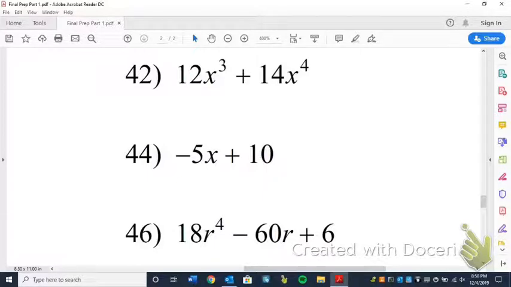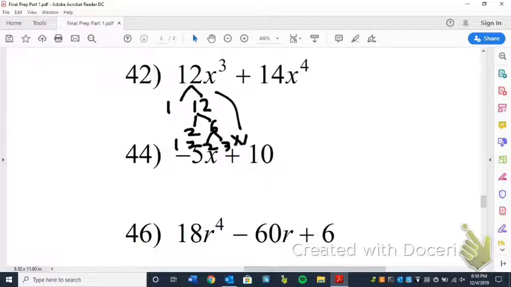Okay, hopefully you guys are done by now. So we're going to break off 12x to the 3rd as 1 times 12. 12 is 2 times 6. 6 is 2 times 3. So we have a prime factorization of 1, 2, 2, 3. And then we have 3 x's. 14x to the 4th breaks down into 1 times 14. 14 is 2 times 7.